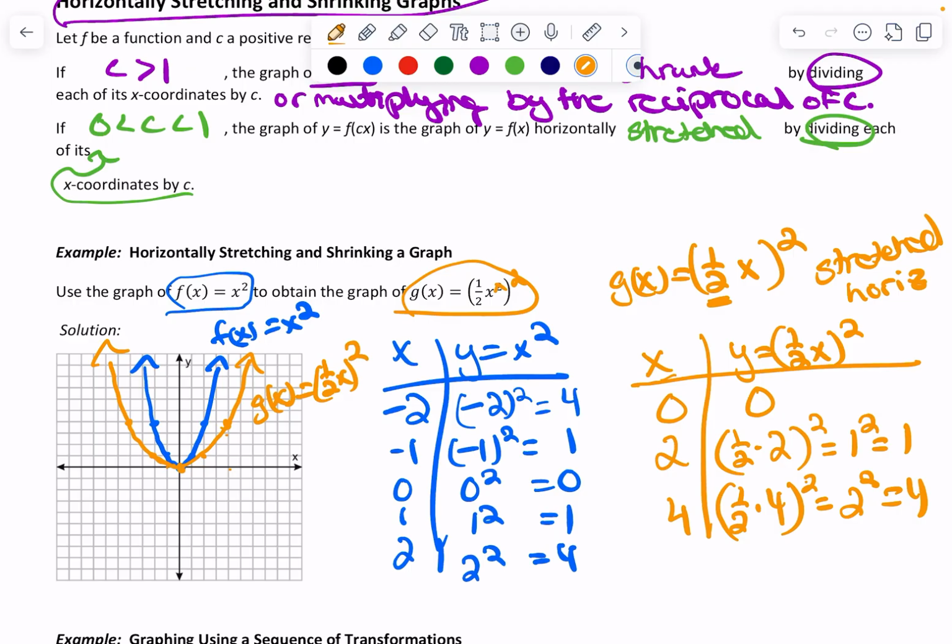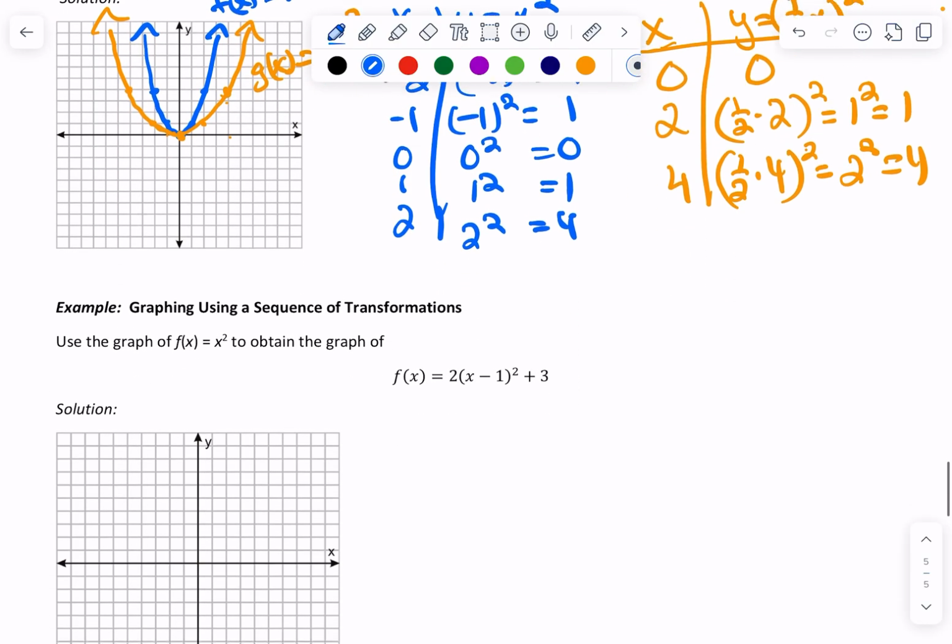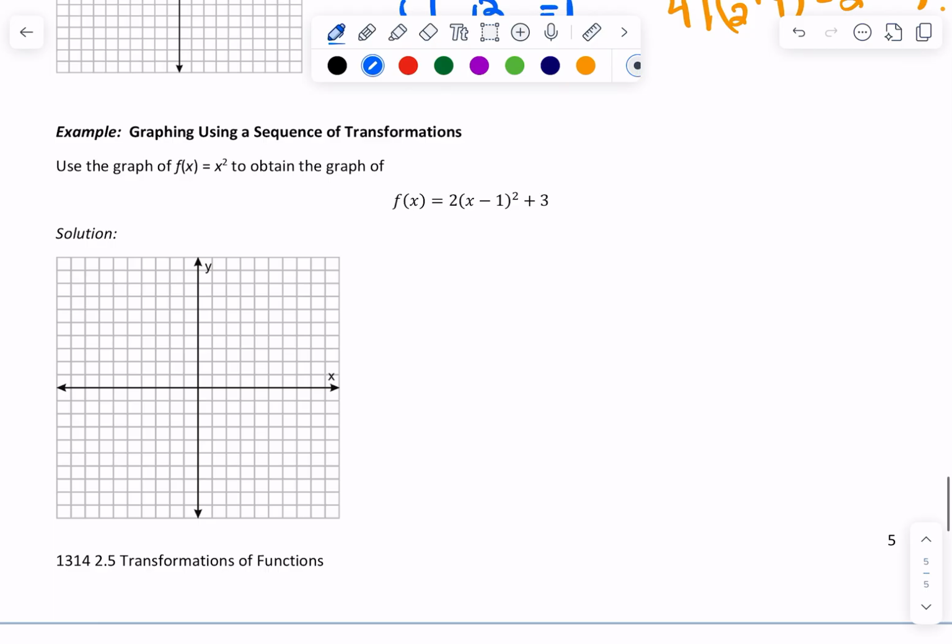Okay, now what we're going to do is use the graph of f of x equals x squared, so the quadratic function, to obtain g of x. As we can see, there are several transformations here that we're going to have to follow and go through.